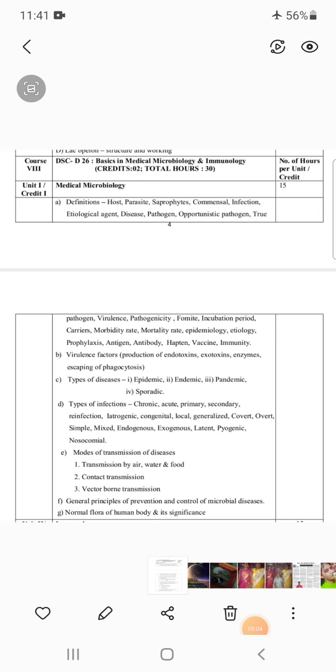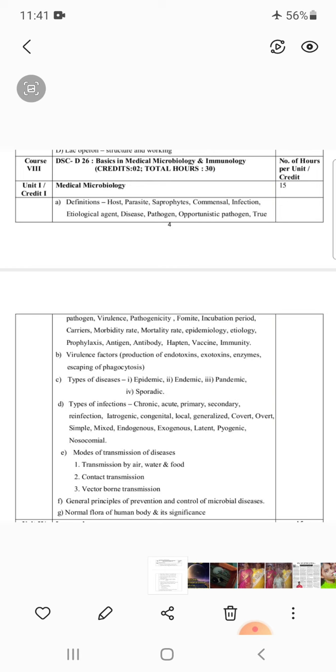Immunity is nothing but a complex biological system which is there to fight against a specific organism, is known as immunity. Here we complete the first point of the chapter, that is A point, all the definitions.